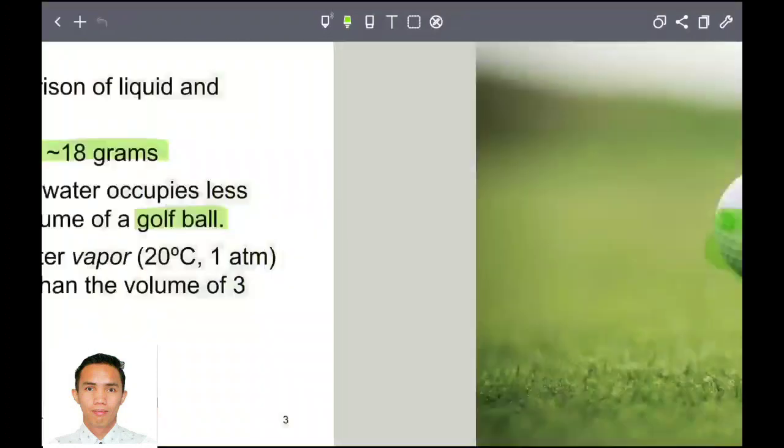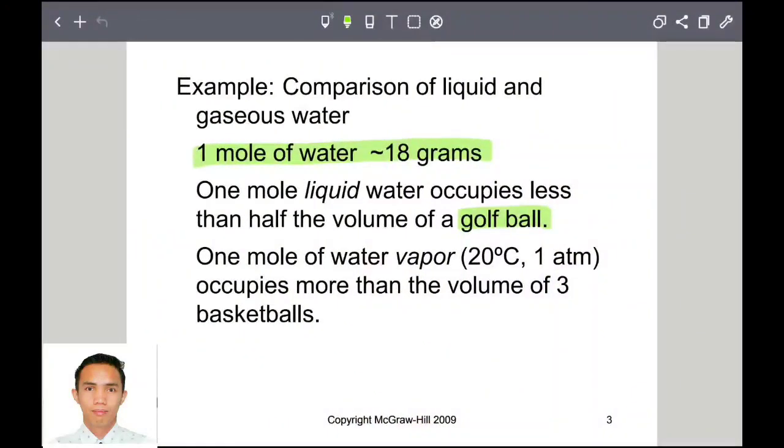Now let's proceed to 1 mole of water vapor at a temperature of 20 degrees Celsius and 1 atmosphere of pressure. It occupies more than the volume of 3 basketballs.